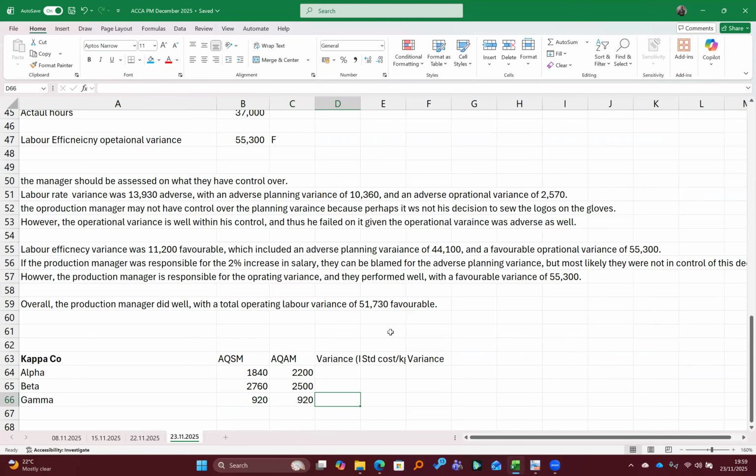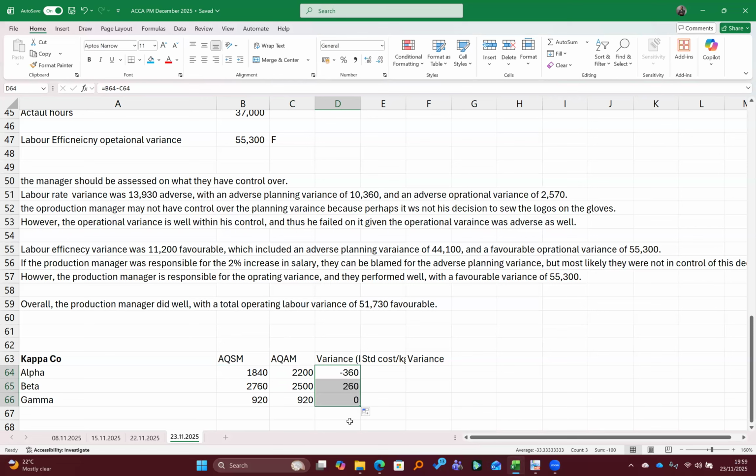So you should have used 1840 kilograms of alpha, but you actually used 2200. So it means you used more. If you get this minus this, that gives you the variance in kilograms.